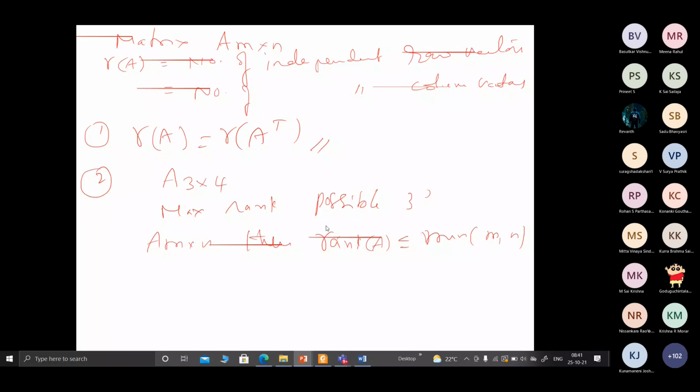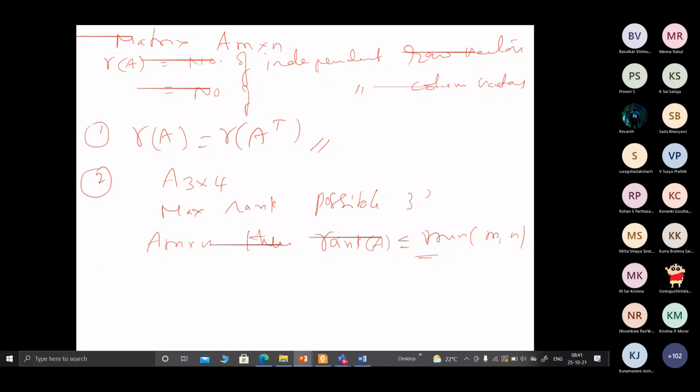So it should be the minimum value. The maximum rank possible is the minimum value of these two. What is the minimum value of 3 comma 4? 3. So that is the minimum value of m comma n, and that is what you have to remember.